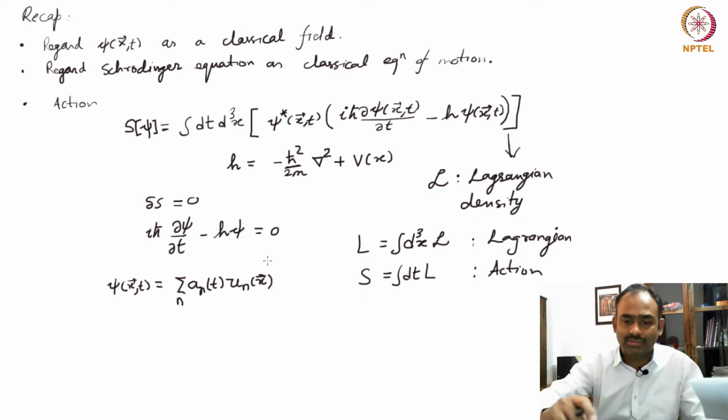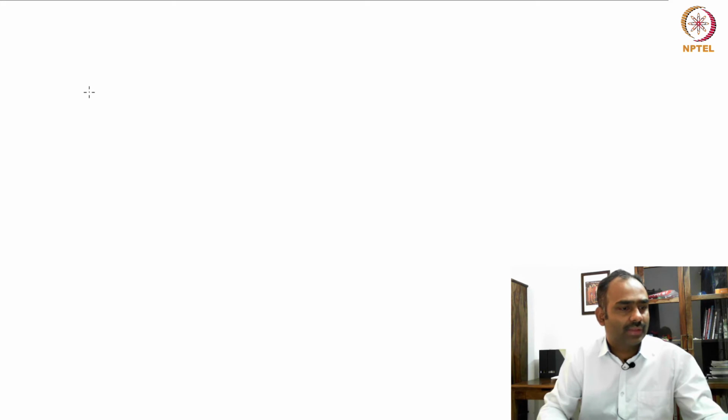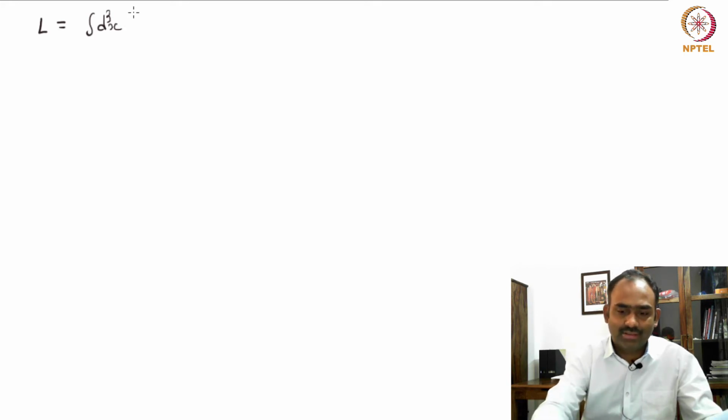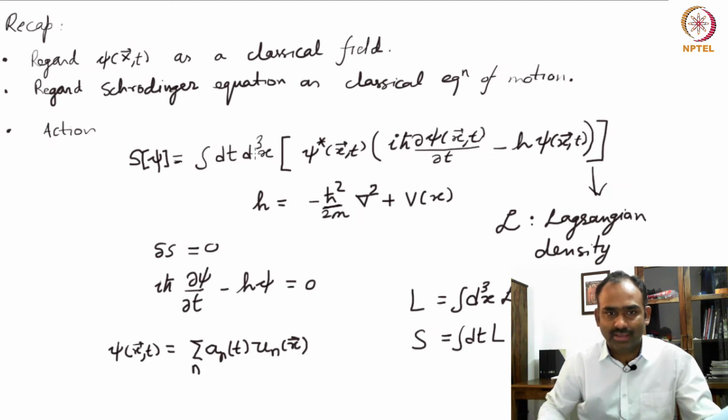So let's go to the next slide. Okay, good. So let me write it down here again. Let's go to the Lagrangian. The Lagrangian is the integral d cube x psi star and this piece.